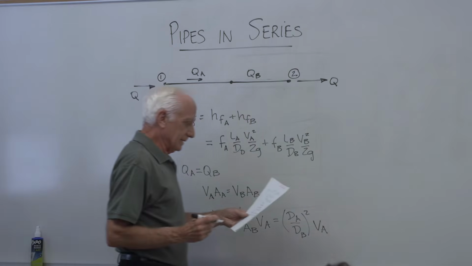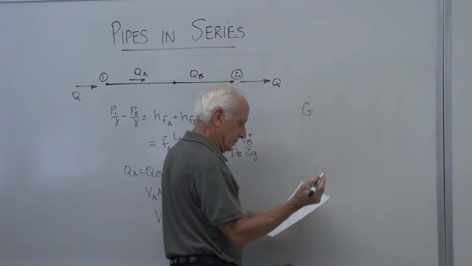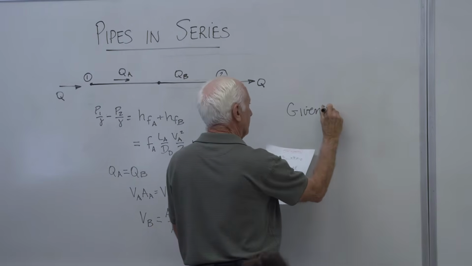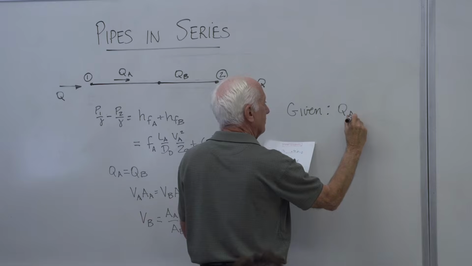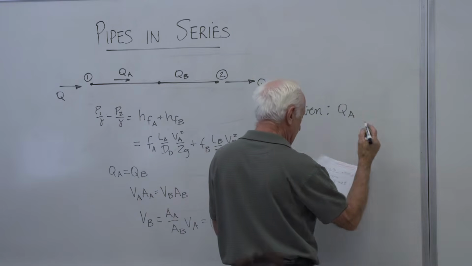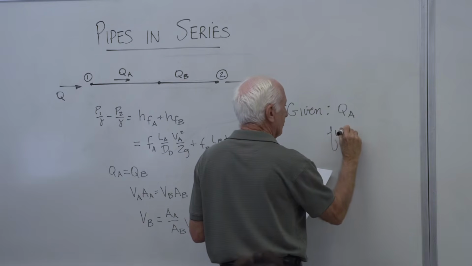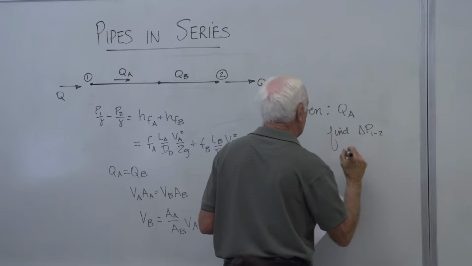Now, in a problem like this, there are a couple of ways the problem can be given to you. Number one is you can be given QA, or it could be QB, the flow rate in one of the pipes. They're the same. And find the pressure drop from 1 to 2.